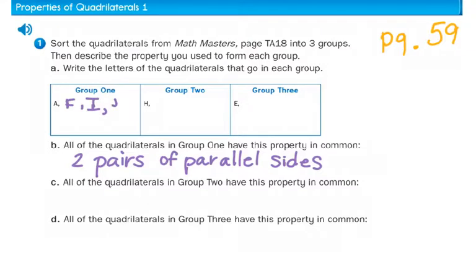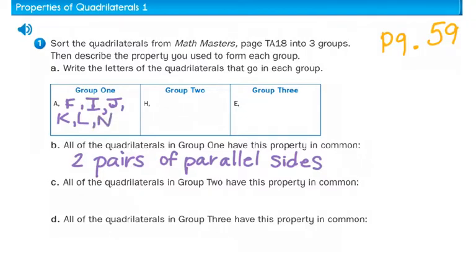So is shape J. That is a rectangle. Opposite sides are parallel. K, shape K. Opposite sides are parallel. It doesn't have right angles, but the top and the bottom are equal distance apart and would never cross. L is a rectangle. Opposite sides are parallel.